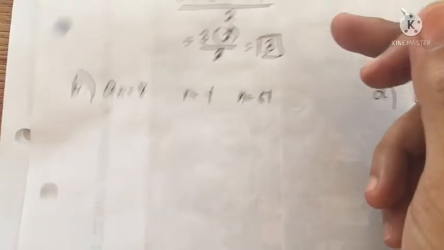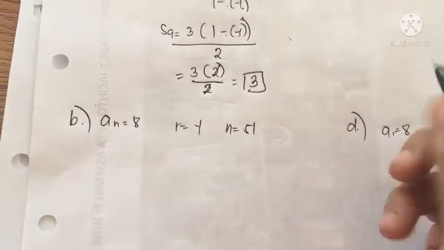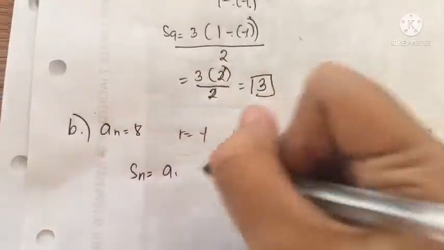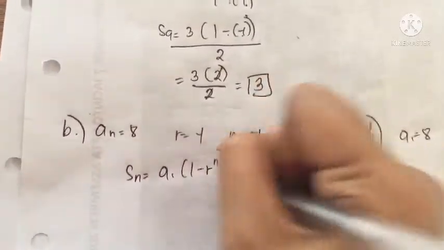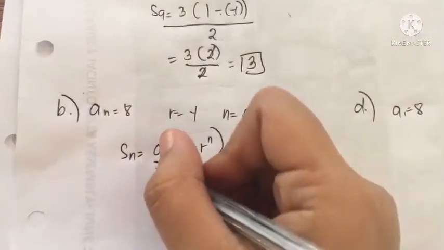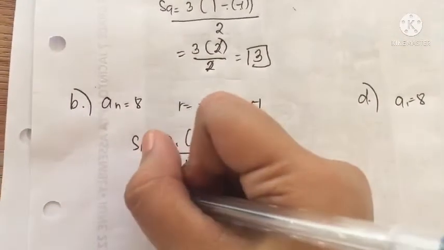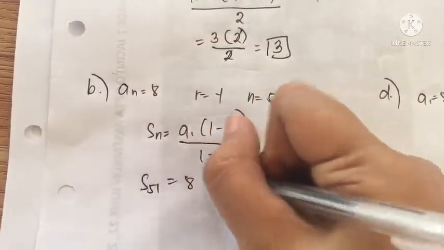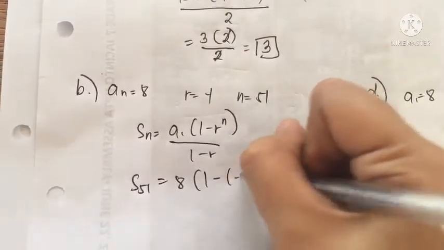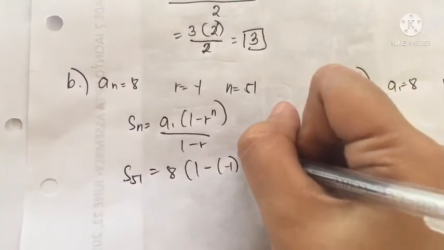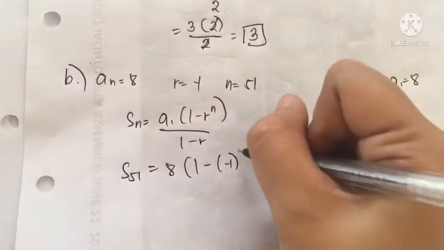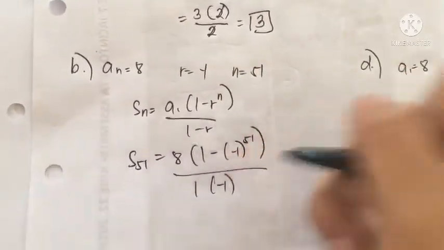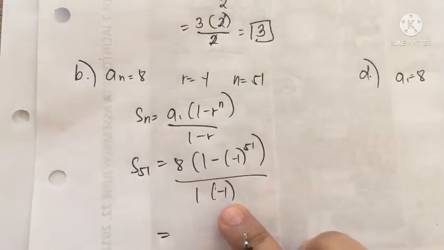Letter B. So, gagamitin ulit natin yung formula na S sub N is equal to A sub 1 times 1 minus R raised to N over 1 minus R. So, N natin is 51. So, S sub 51. So, first term natin is 8 times 1 minus negative 1 raised to N natin is 51 over 1 minus negative 1. Okay? Tama.